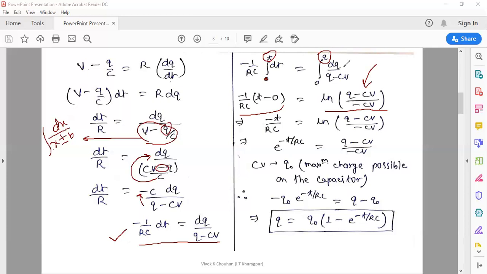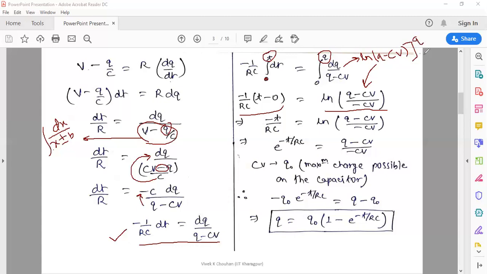When you integrate this expression, you will get log of q minus CV, with the upper limit as q and the lower limit as 0.